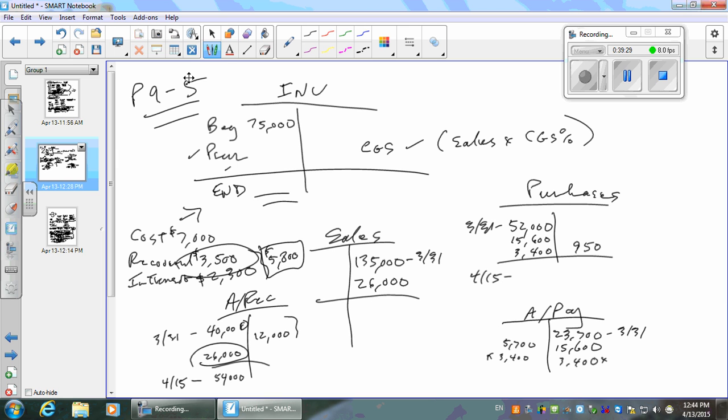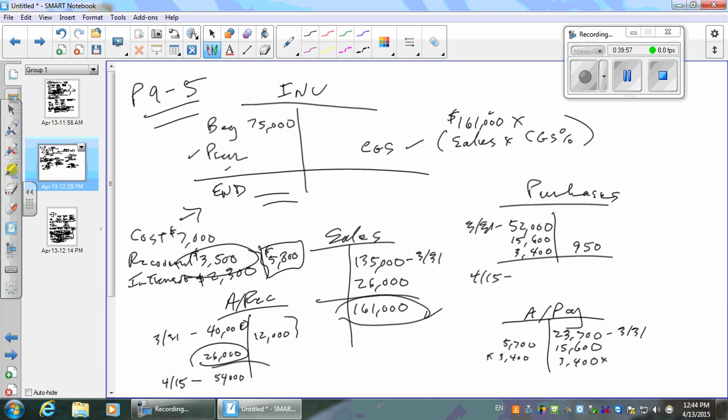What's 135 and 26? 161? Is that the sales they took times their cost of goods sold percentage? Down below, they don't give you any more information to help, I don't think. So this is 161,000.